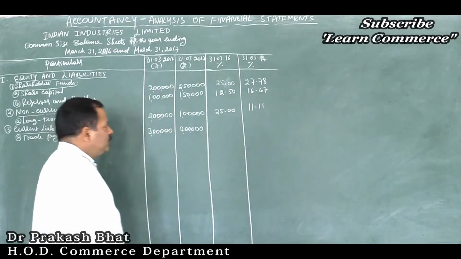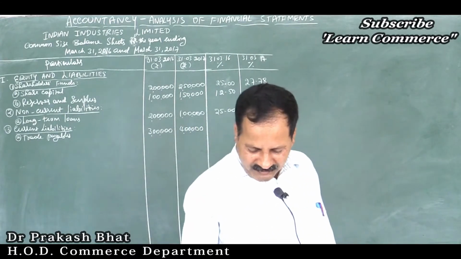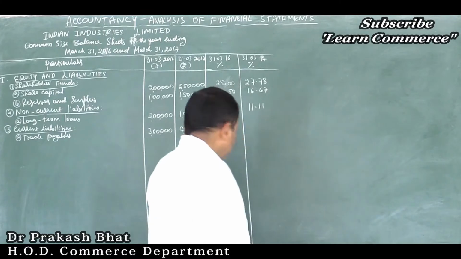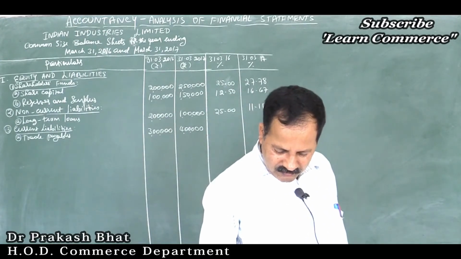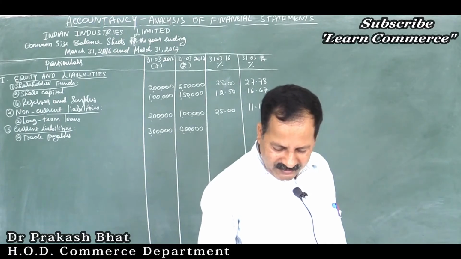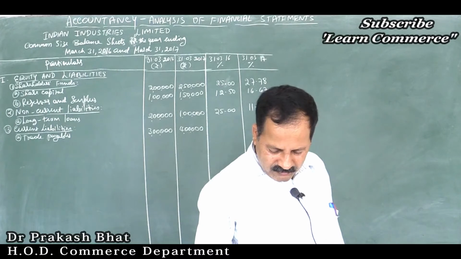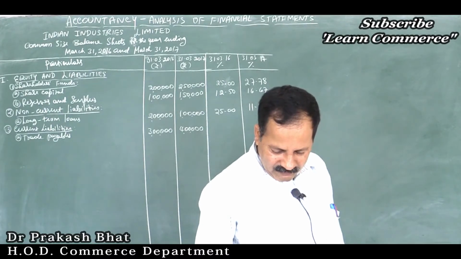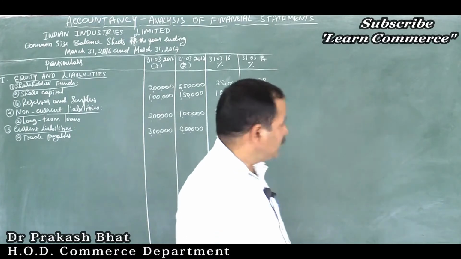So 8 lakh means 100. 3 lakh means how much? Calculate 3 lakh into 100 divided by 8 lakh, which is equal to 37.5.